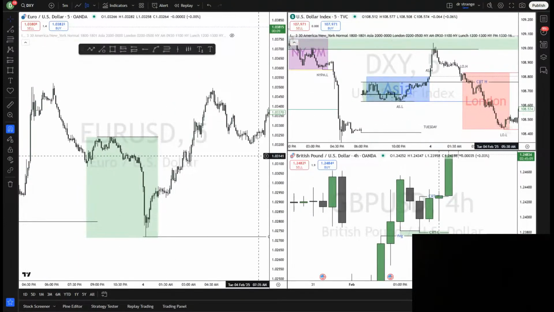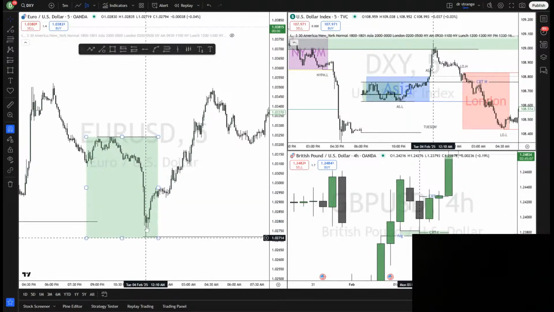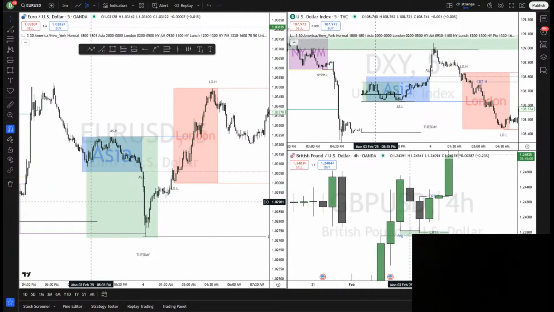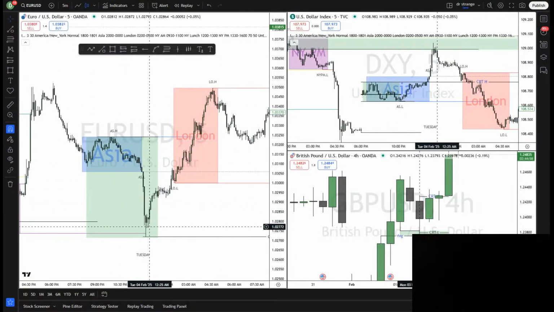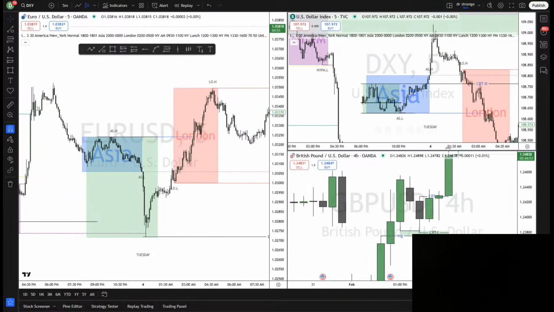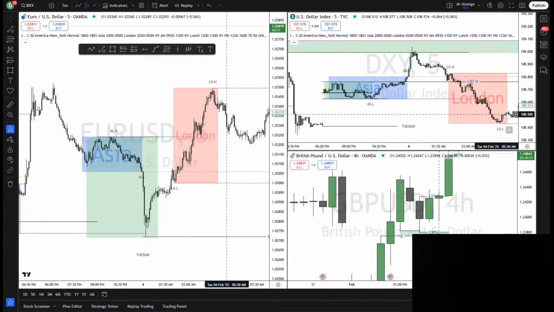Remember I told you that when Euro USD takes out the session's low, I expect the DXY to also take out, to go up, when they move in the opposite direction. So Euro USD took out Asia lows. I expect the DXY to take out what? The Asia highs, and it happened.